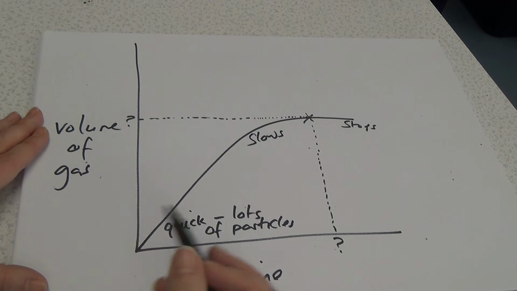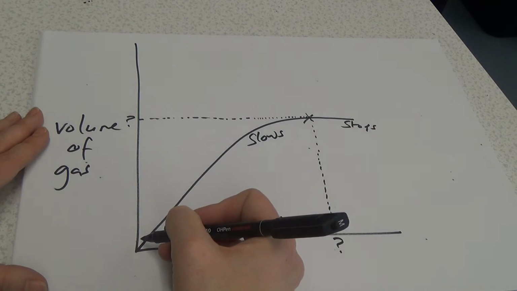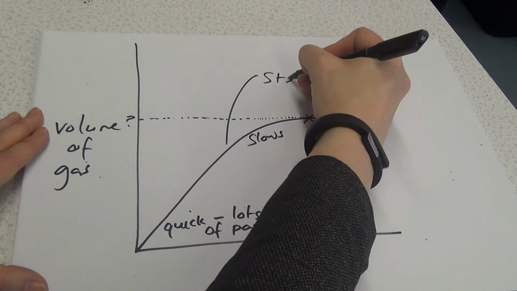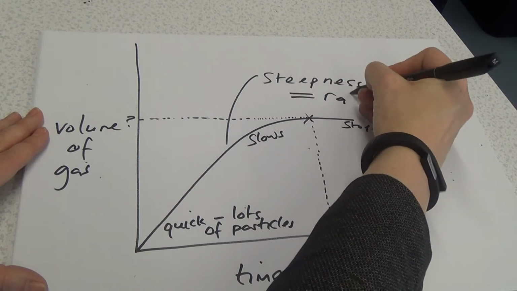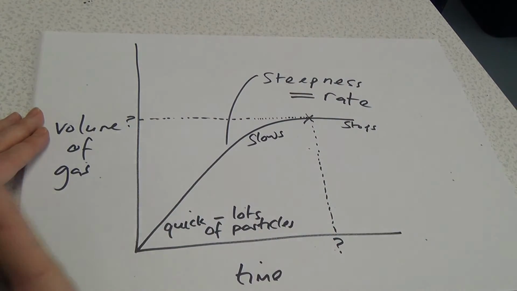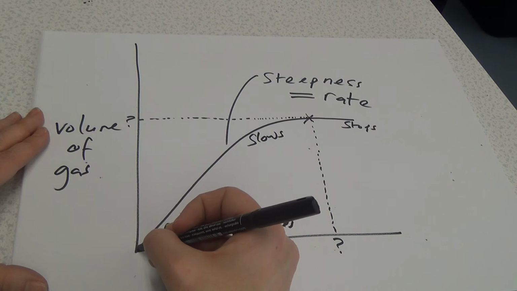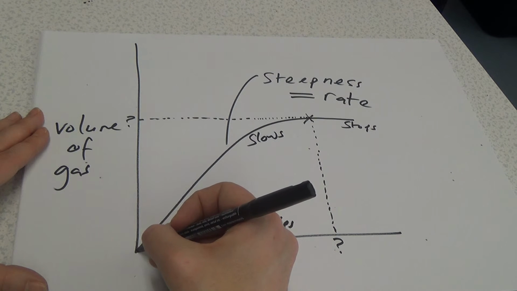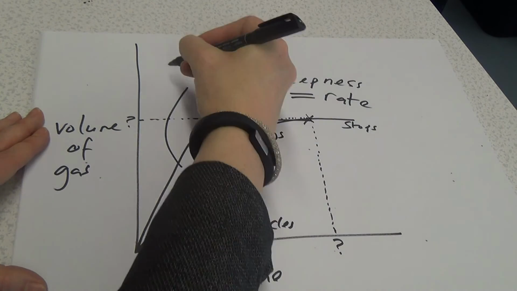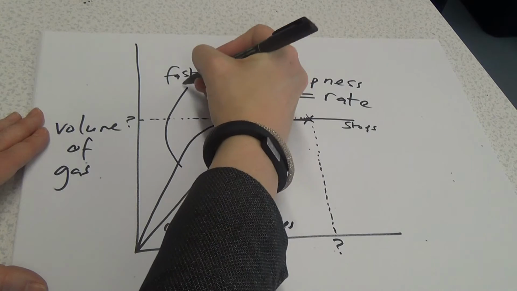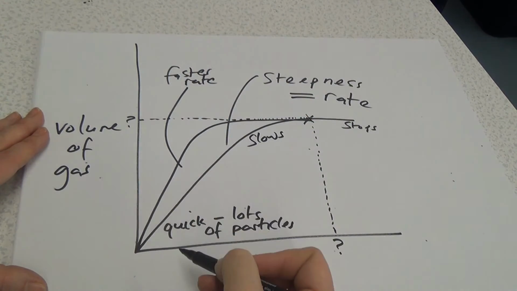Other things that you need to understand in terms of interpreting. The first thing is the gradient, or the steepness of the line, indicates the rate. The steeper the line, the faster the rate. So if, for example, we had a second line like this, this would indicate a faster rate because the line is steeper.